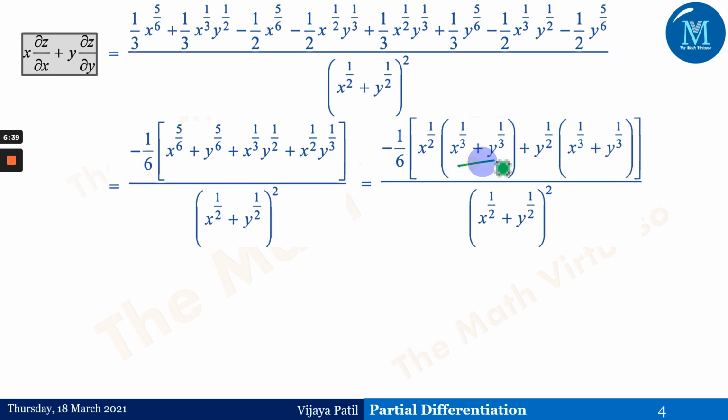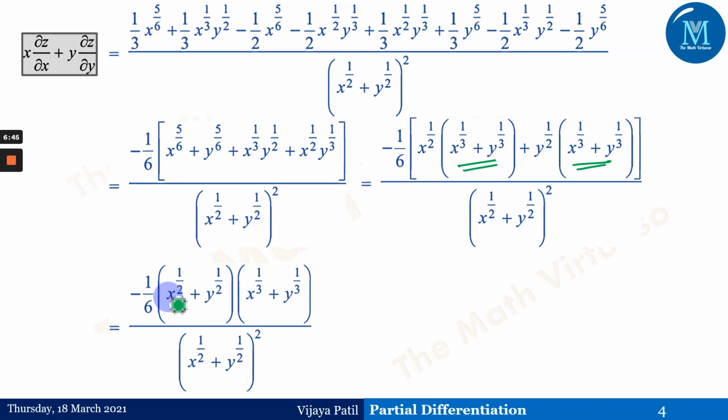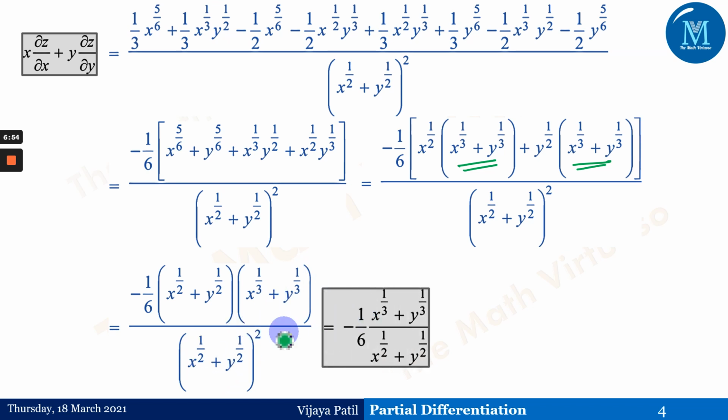So these are the two terms which are common from these terms, and therefore taking those terms out, we have x to the power 1 by 2 plus y to the power 1 by 2 into x to the power 1 by 3 plus y to the power 1 by 3 upon this, which will give us something like this, right? So it's minus 1 by 6 times this over here. We have x to the power 1 by 2 plus y to the power 1 by 2 to the power 1 over here, and power 2 here.